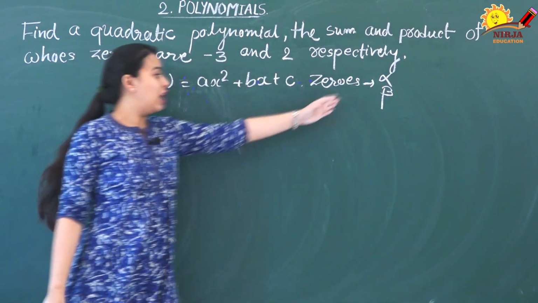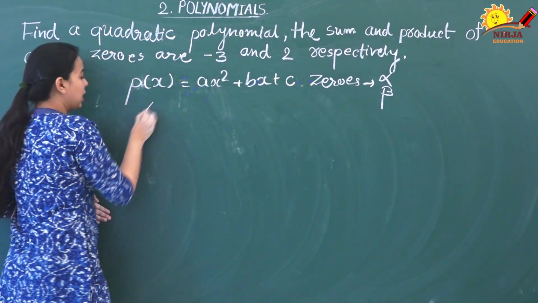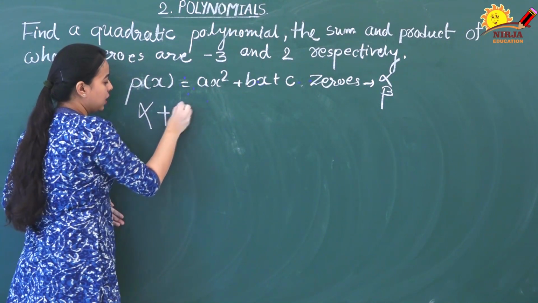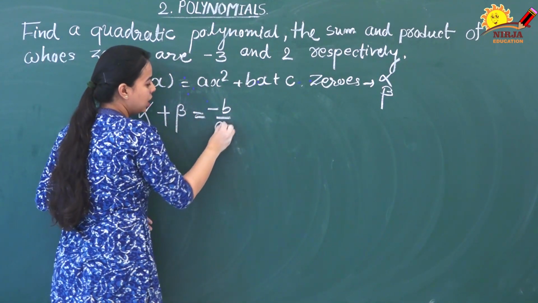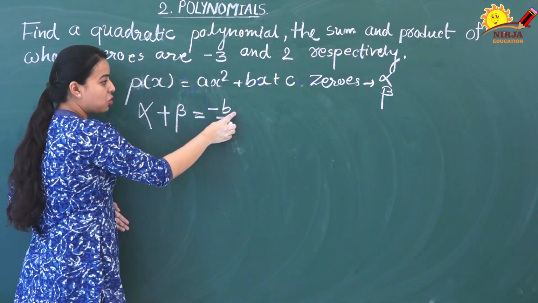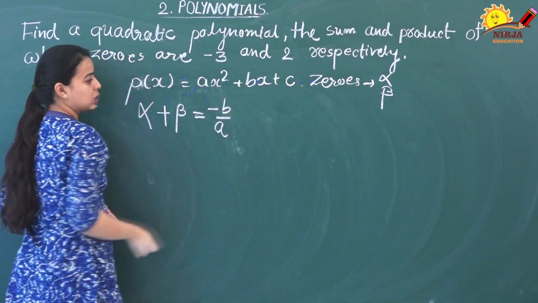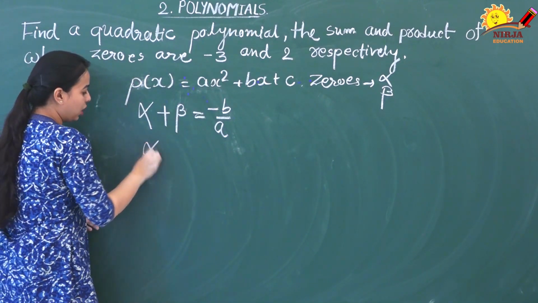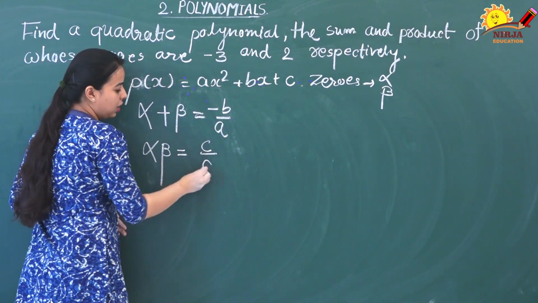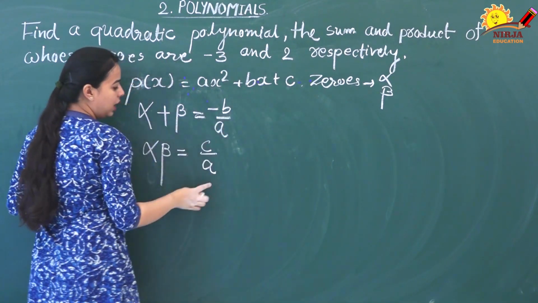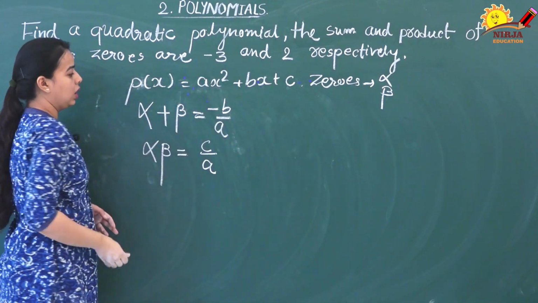If alpha and beta are the zeros of this polynomial, we can write the sum of zeros, alpha plus beta, is equal to minus b upon a, that is minus coefficient of x upon coefficient of x square, and we can write the product, alpha into beta, as c upon a, where c is the constant term and a is the coefficient of x square.